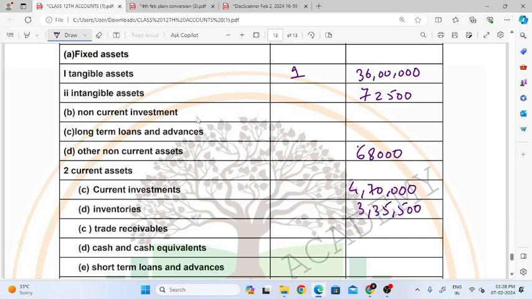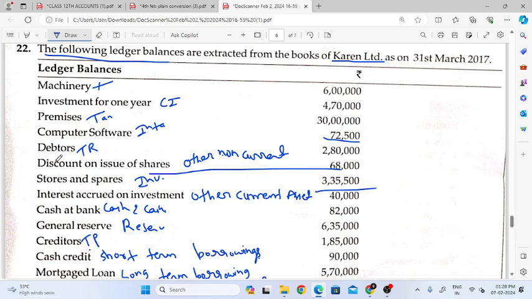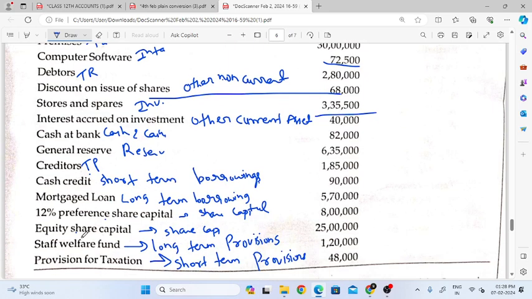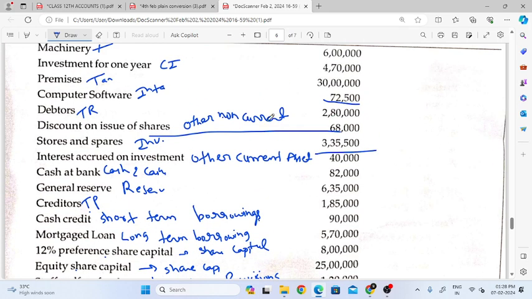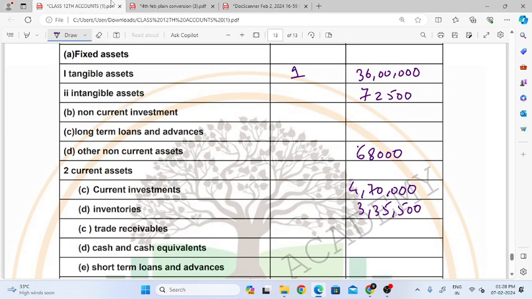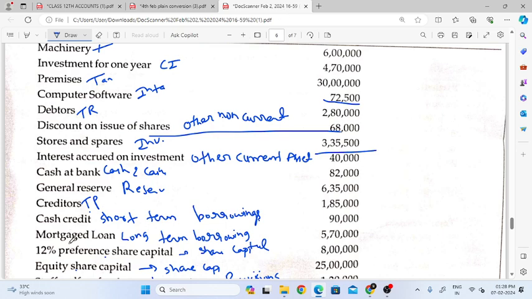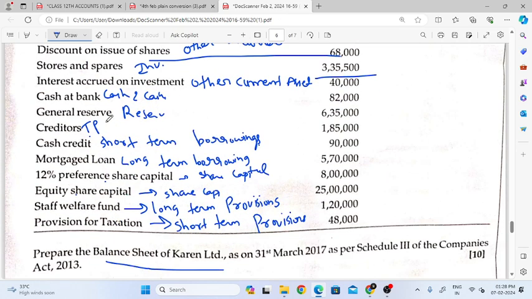Is there any trade receivables we have got? Debtors 2,80,000. Then cash and cash equivalents. Cash and cash equivalent is 82,000.